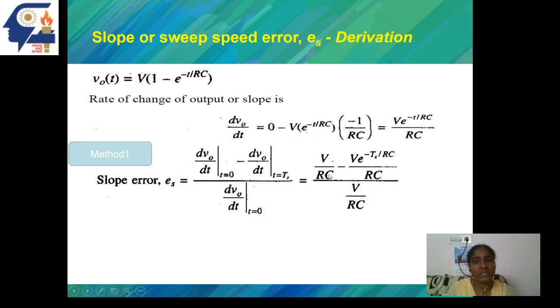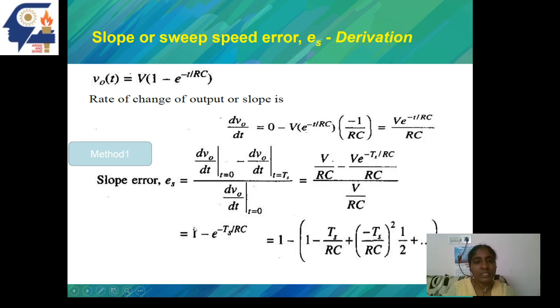When we substitute t equal to capital Ts, that is the switch kept open for Ts seconds, that becomes the final slope. Everything is the same except the small t is changed to capital Ts. Now if we simplify, the numerator V by Rc can be taken common and gets cancelled with the denominator V by Rc. Finally we are left with 1 minus e power minus Ts by Rc.